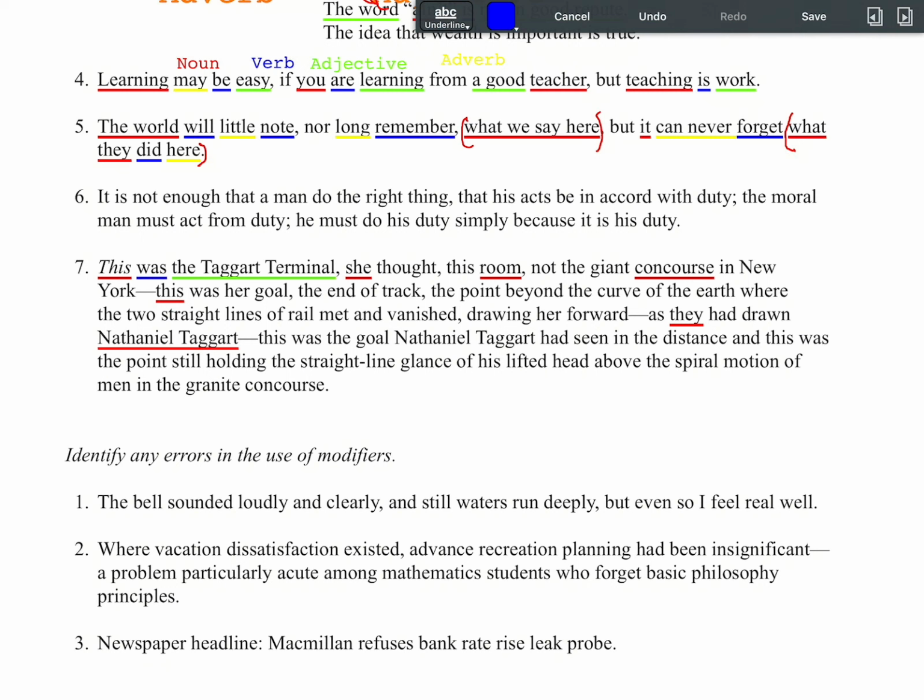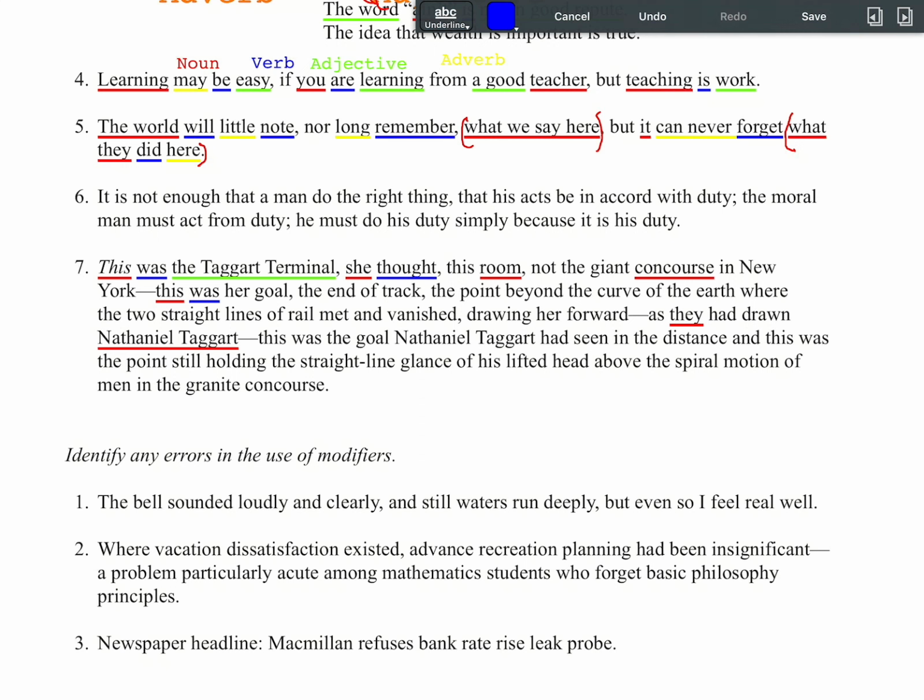So verbs. "Was," "thought." This was, she thought. Was her goal. Undo.